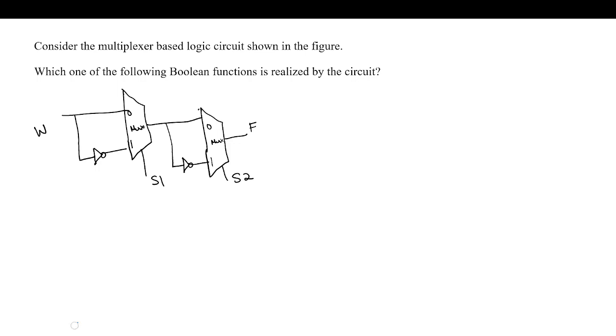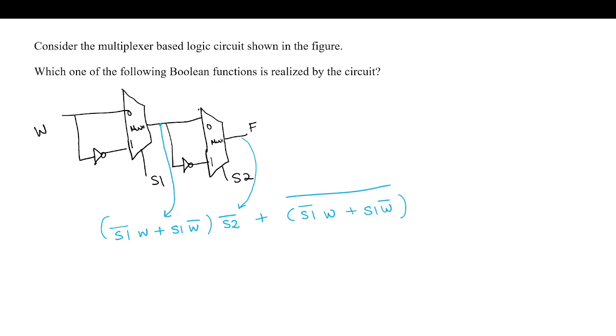So what is the expression? After the first multiplexer it is S1 complement W plus S1 W complement, into S2 complement coming to this, plus the same term, S1 complement W plus S1 W complement, whole complement, S2. Okay, so this is with respect to the multiplexer based question.